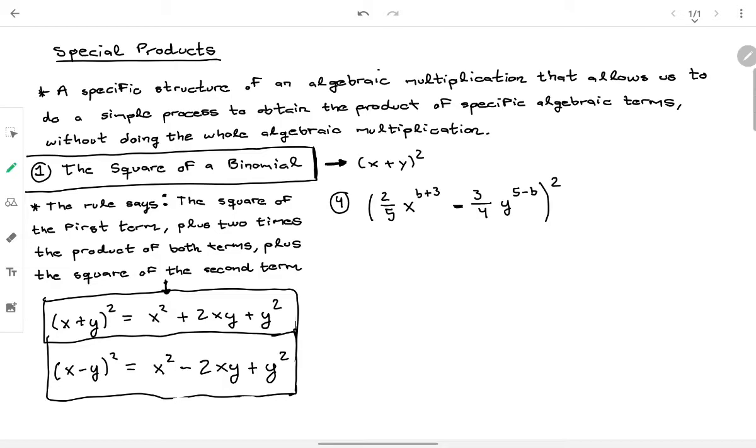So what happens when we have fractions and also letters as exponents? Don't worry, it's the same process. This one is like having (x − y) squared. Remember, we can apply rule number 1, but we will need to put the negative signs inside the terms, or we can use the second one using both terms as positive ones.